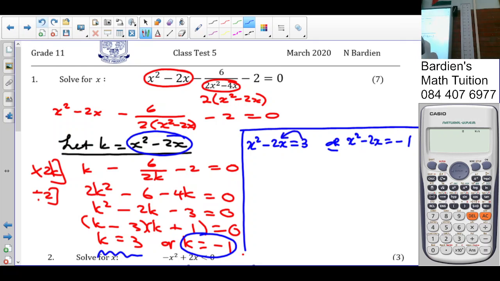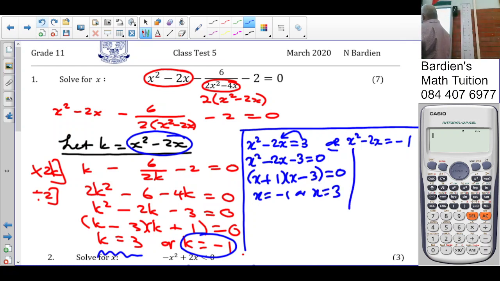People, we bring this 3 over. Gives us x squared minus 2x minus 3 is equal to 0. Trinomial. So you got x and x, 3 and 1. Minus plus. So x equal to negative 1 or x equal to 3. On the other hand, we bring that over, it becomes x squared minus 2x plus 1 is equal to 0. So there's a perfect square trinomial.